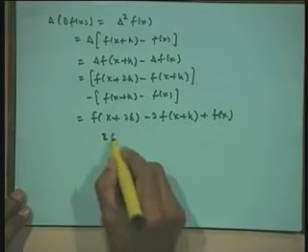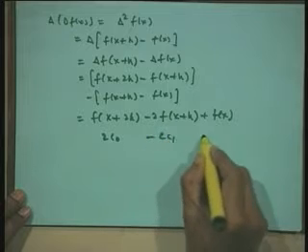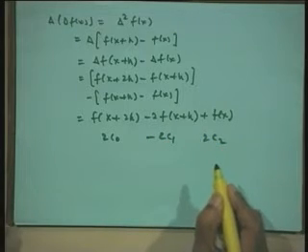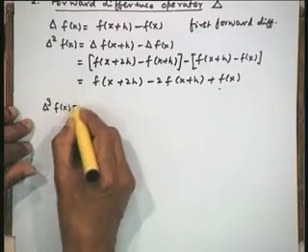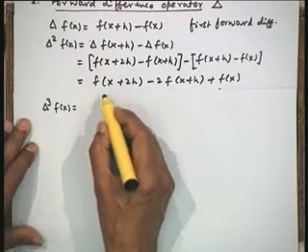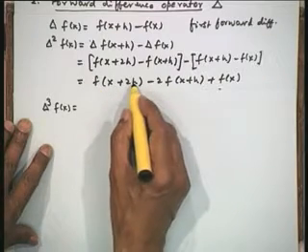The coefficients are 2 c 0, minus 2 c 1, 2 c 2. Now, if you proceed further and write down the next difference using these values, I can write down delta cubed of f x, the third forward difference. Let us write straight away from here, operating on this.